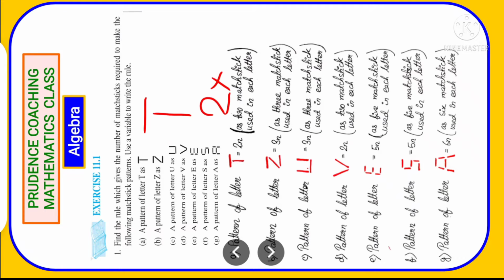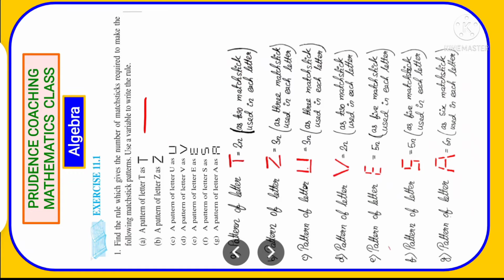So we can take any variable for this frequency. We can take n, so 2 into n we will get 2n. You can take any variable, n, a, b, any small letter. So as 2 matchsticks are used in each letter T, the formula or the rule will be 2n.